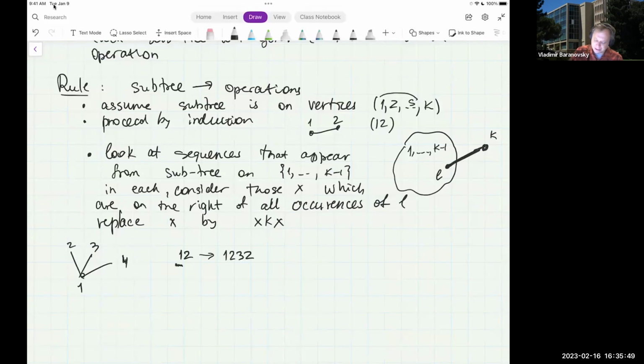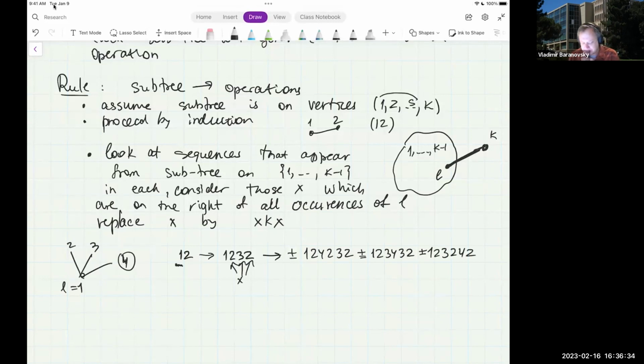And then once we've done that, we throw in vertex number 4, which is still connected to the value L equals 1. But now candidates for x are everything that stands on the right-hand side of the last occurrence of 1. So there are actually 3 candidates for this replacement, again with certain signs. So we are getting 1, 2, 4, 2, 3, 2, and then plus minus 1, 2, 3, 4, 3, 2, plus minus 1, 2, 3, 2, 4, 2.